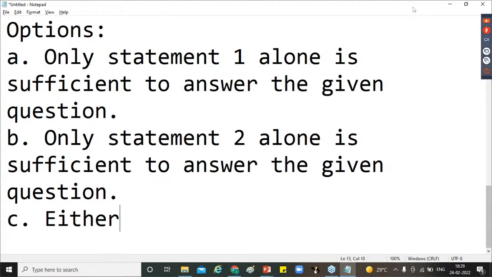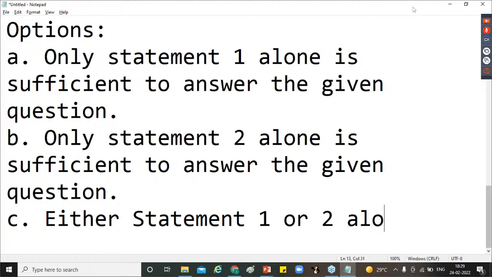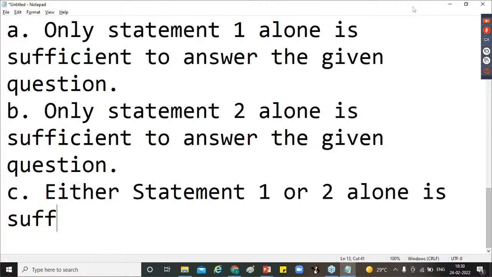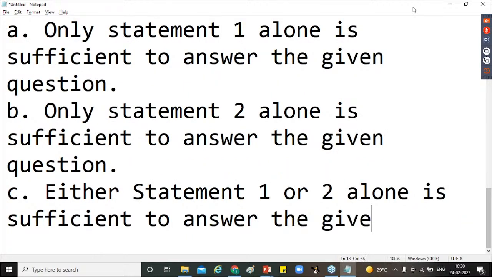Sometimes you may get the answer from statement 1 alone, sometimes from statement 2 alone. Nothing but you are using any one of the statements, that may be statement 1 or statement 2. Either statement 1 or statement 2 alone is sufficient to answer the given question.